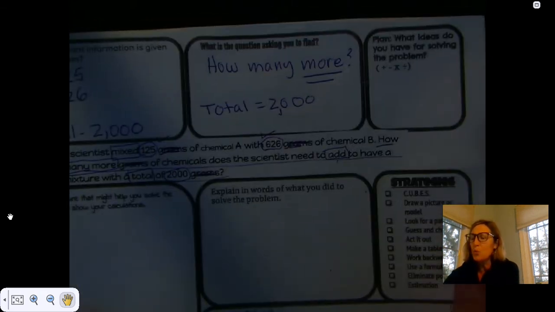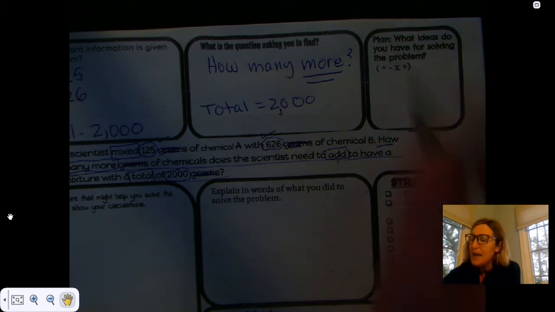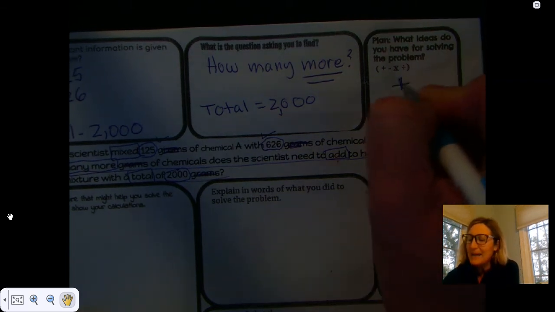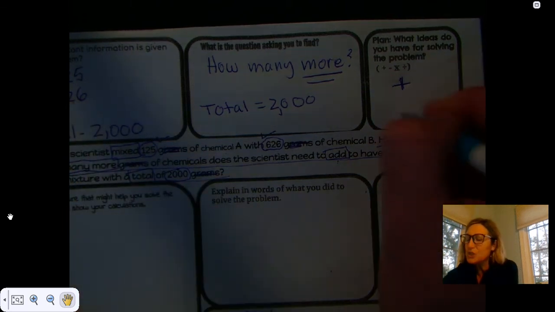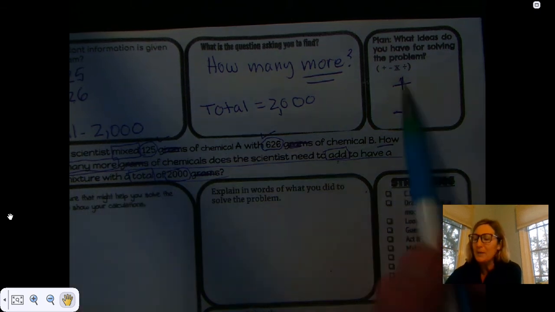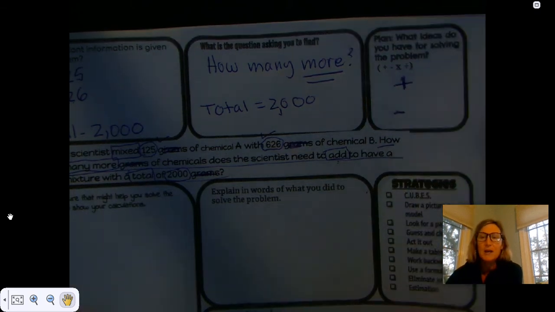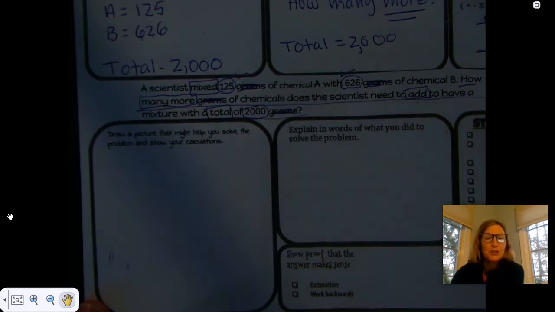All right, so what do you have to solve? It looks like we're going to have to add our chemicals together, and then we're going to have to subtract to get how many more. So I would write my add and subtract here. That's my guess at this point anyway, so we'll see if we're right when we finish it out. Now, draw a picture that might help you to solve the problem.